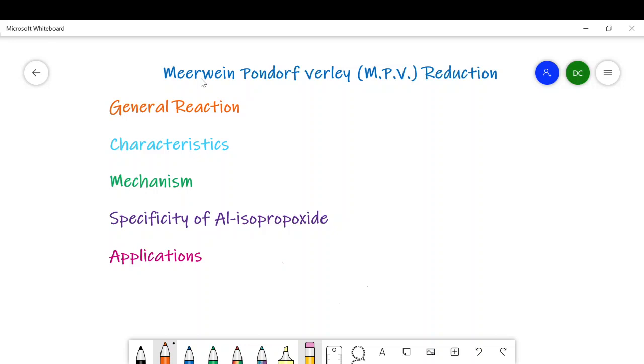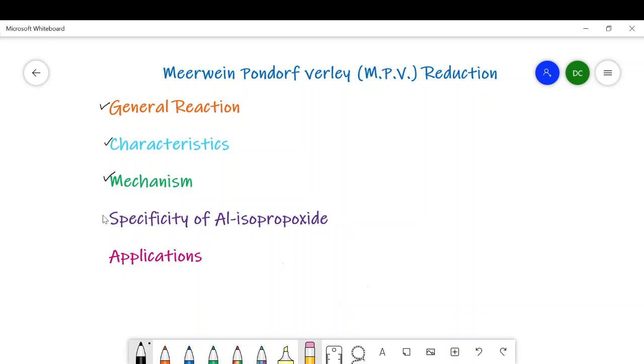And in this lecture we will discuss the Meerwein-Ponndorf-Verley, that is MPV reduction reaction in detail. In this lecture we will see the general reaction of MPV reduction, the characteristics of MPV reduction reaction, then we will go through the mechanism of this MPV reduction reaction, and this MPV reduction reaction involves the basic catalyst, that is aluminum isopropoxide.